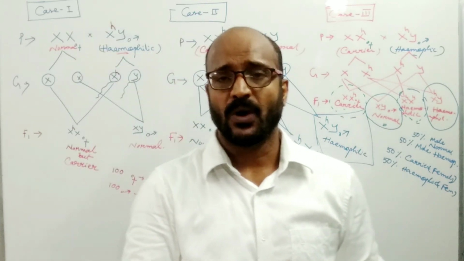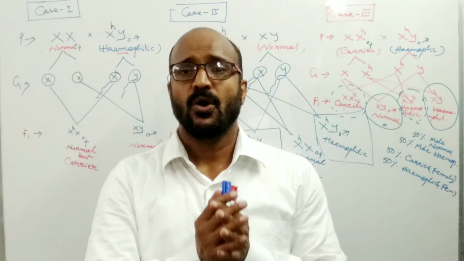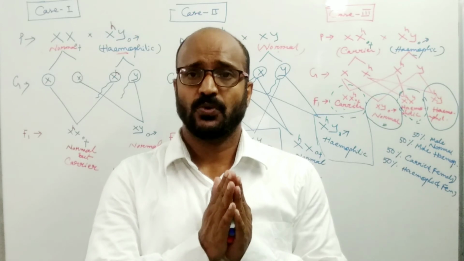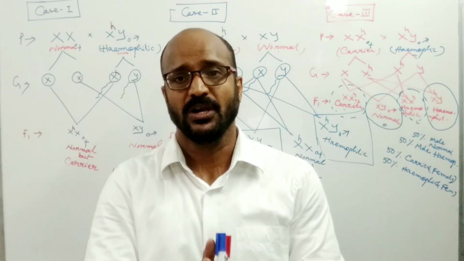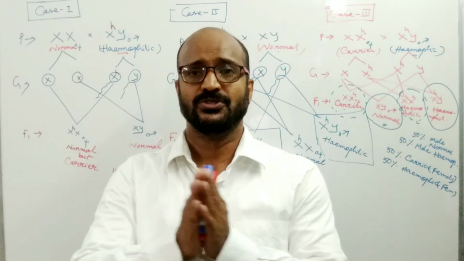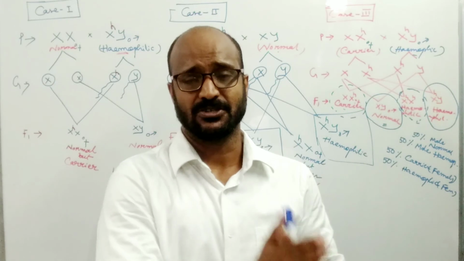But in case of the Y chromosome, a very important gene is present, which is the Hollandric gene. Such a Hollandric gene, which is a Y-linked gene, is transferred only from father to son, because the Y chromosome is only transferred from father to son.